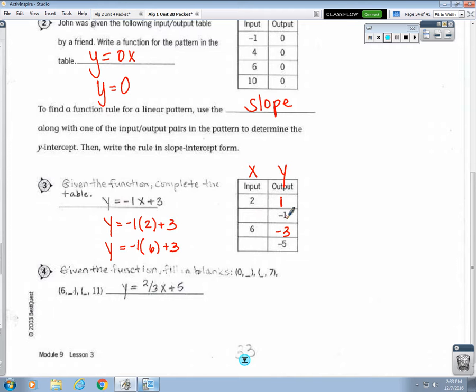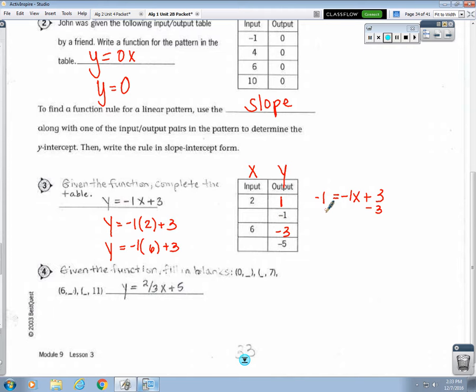Well, the output value is the what value? So don't I need to take this -1 and put it in the place of y? So won't that become -1 equals -1x plus 3? Okay, so see how this time I rewrote it, but in the y place I plugged in a -1 because that's a y value. So now what do I have to do to get x?